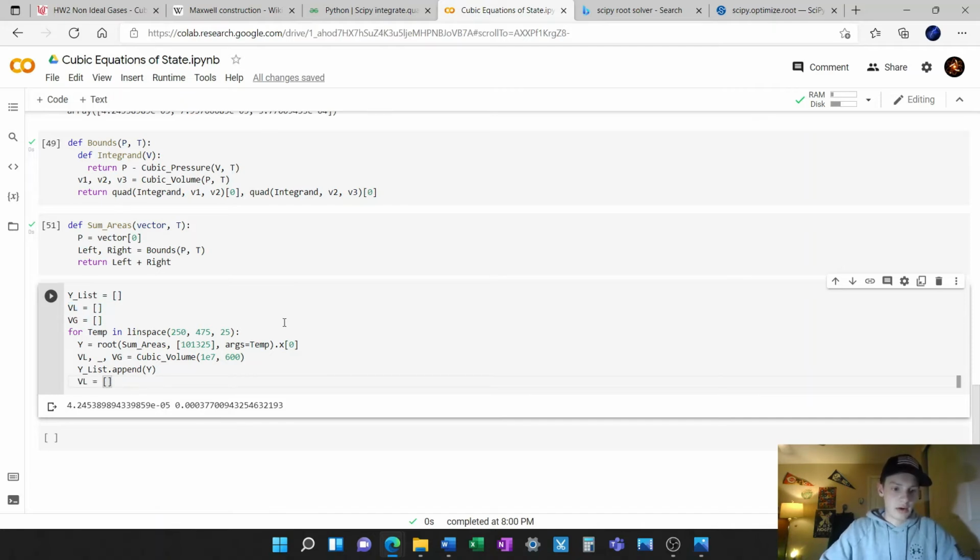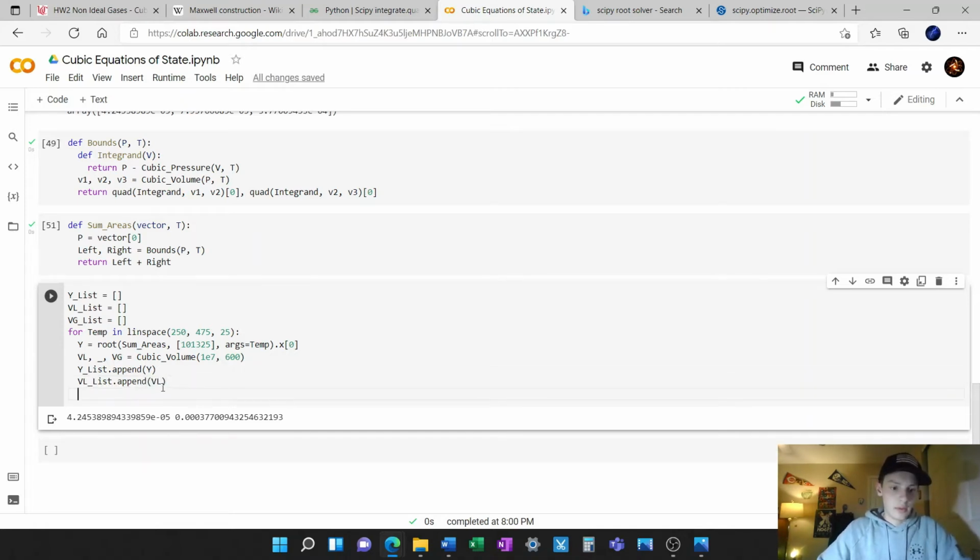That's what's going to make our list real there. So for VL, whoops, I want this to be list, that way we know what we're doing, because these are something else, these are those values. That would not be good for us. So let's try that. List dot append, and then we would add our extra liquid volume value, and then we're going to do the same thing for the gas here.